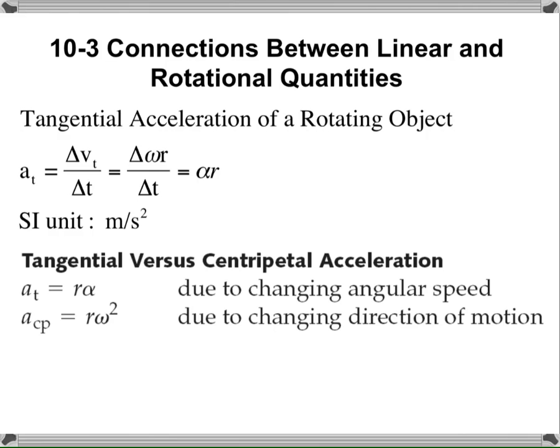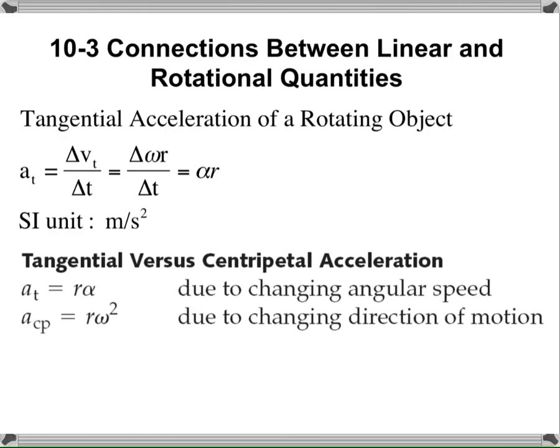Remember, the centripetal acceleration is always towards the center. It has no component which is tangent to the circle, or tangent to the path followed by the object. So we have two kinds of linear acceleration in a rotational motion. One is centripetal acceleration. Moreover, if your velocity is changing over time, then you will have a tangential acceleration, given by alpha times r. Alpha is the angular acceleration.